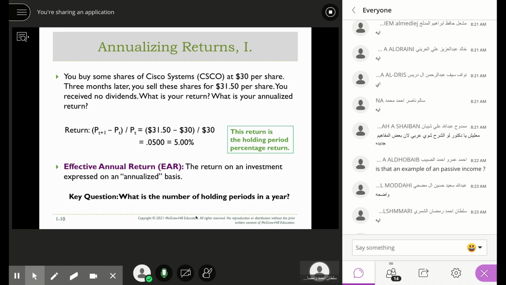If you invest in investment A, you would get 6% in 6 months."